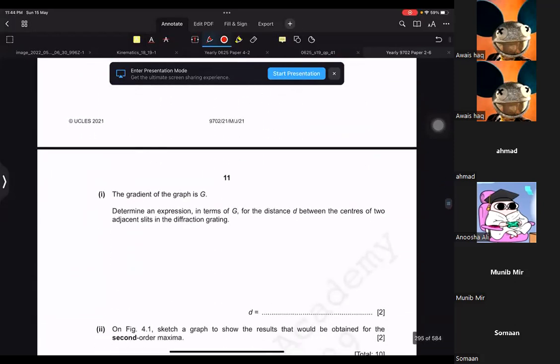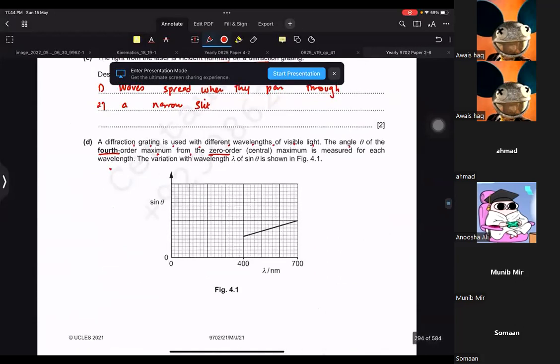Determine an expression in terms of g for the distance between the centers of two adjacent slits in the diffraction grating. So we need to find d. Okay, we can do this. So right now we have sine theta and we have this. So the gradient of this line would give me sine theta over lambda. Okay.